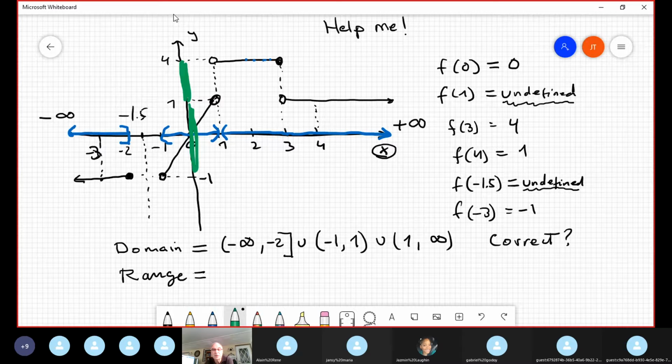And in 3 is 4. Look, it belongs to the range. So this is a bracket here, because we have this closed circle. And then 1, never, because it's open, no? So, something like that.